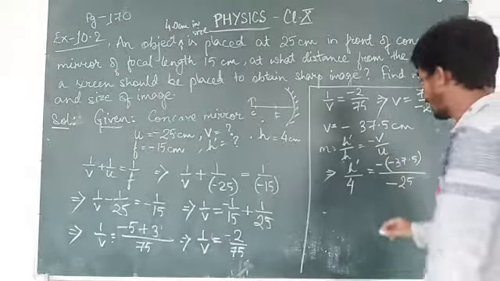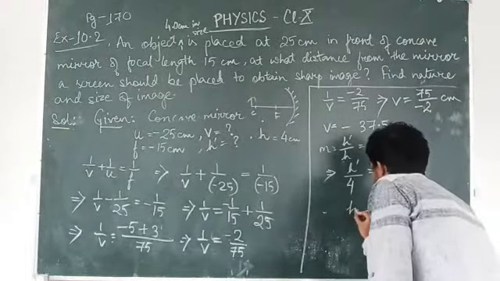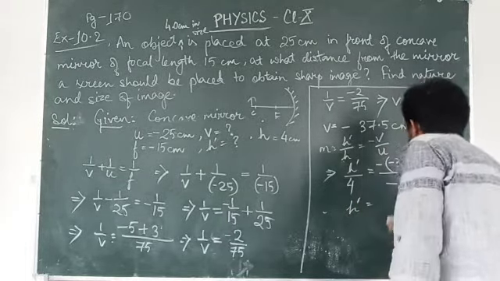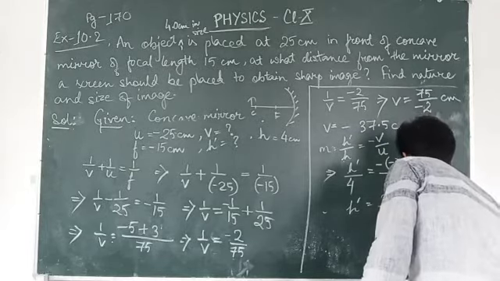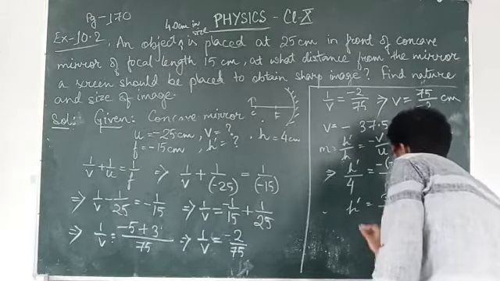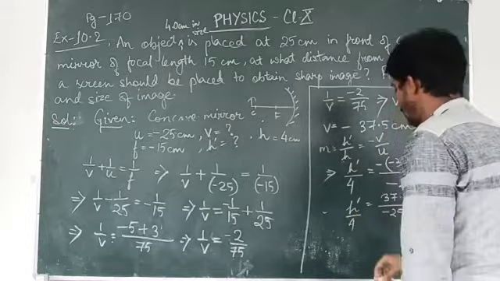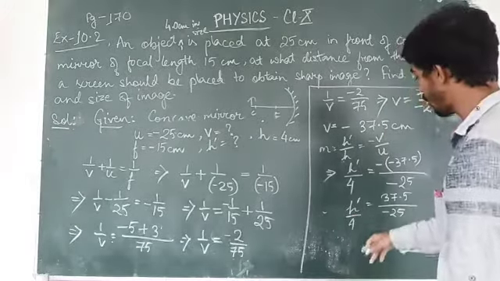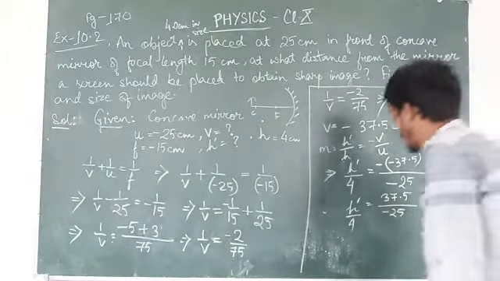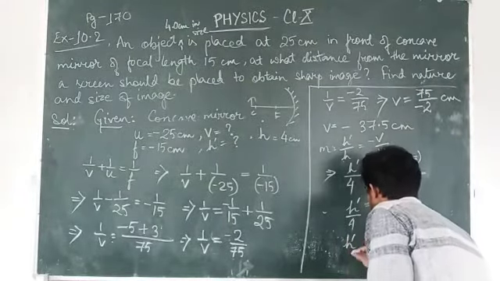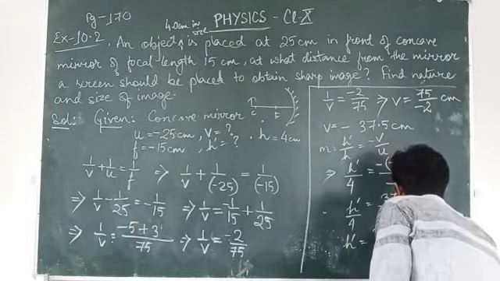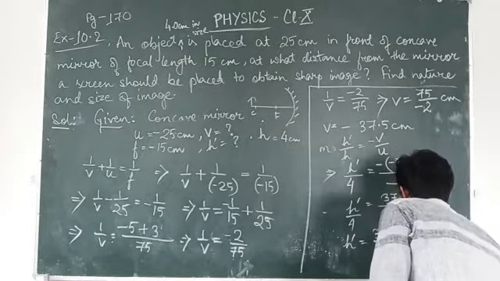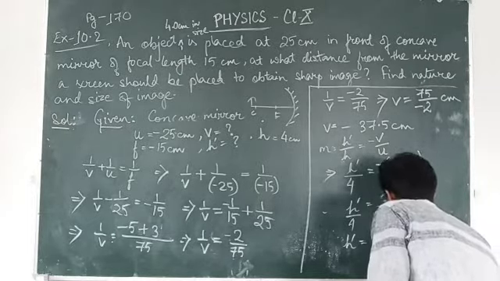Now we remove the brackets. It will be like this. H dash equal to 37.5 divided by minus 25 divided by 4. So finally, if you go cross multiplication, you will get the value of h dash, which will be 37.5 into 4 divided by minus 25.